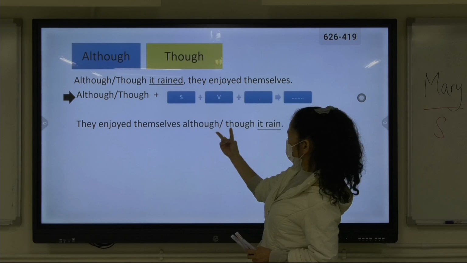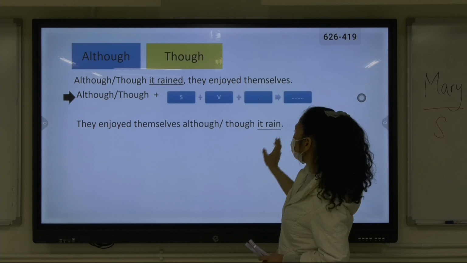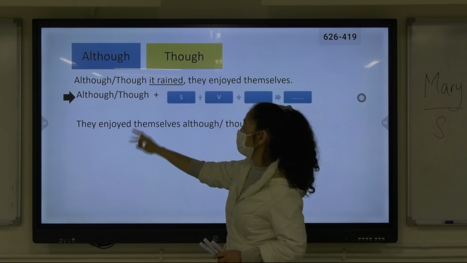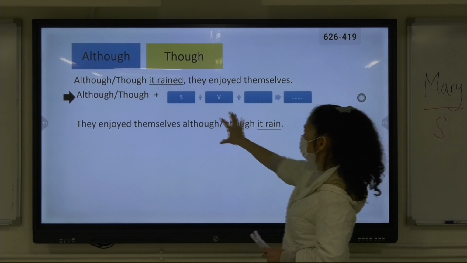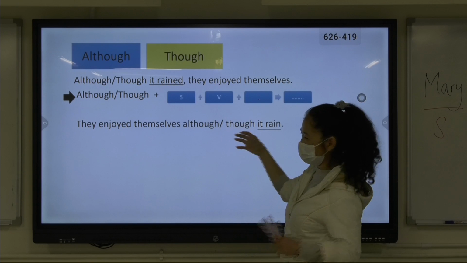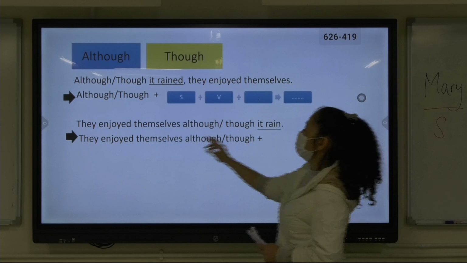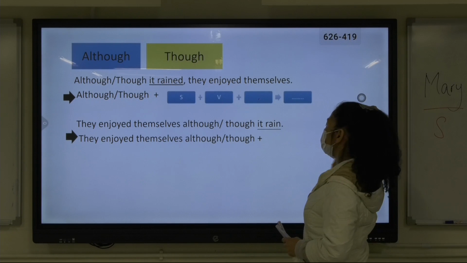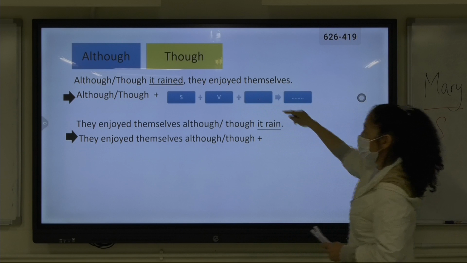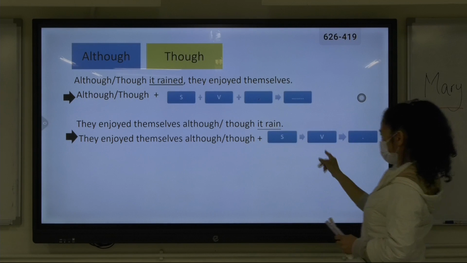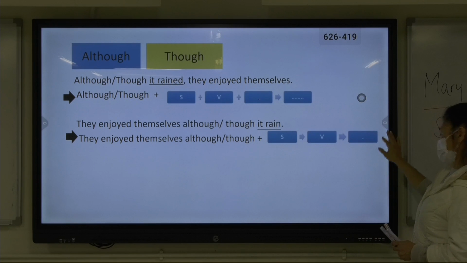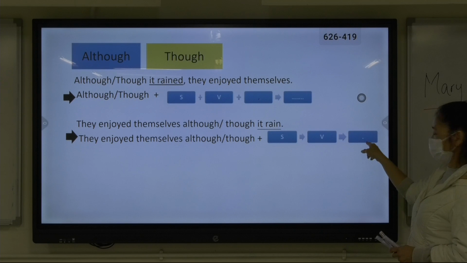What about in the middle? No problem, in the middle. Still have two contrast ideas. Enjoy themselves, rain, but we use the connective although to join them together in the middle. So again, they enjoy themselves, although, plus the same grammatical structure, subject, verb, and then this time, because that's the end of the sentence, we put a full stop.